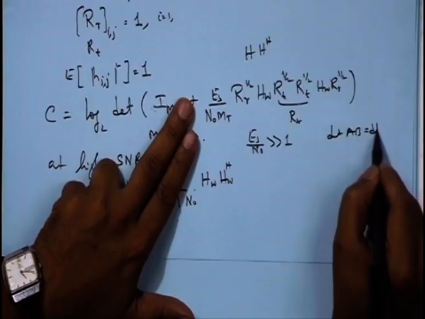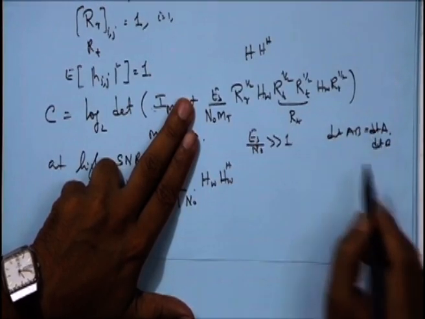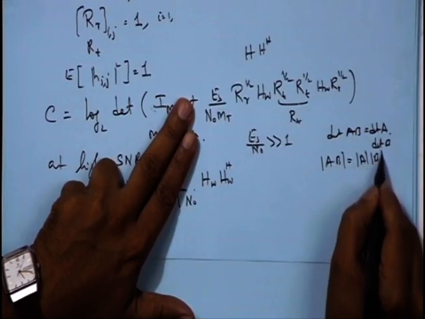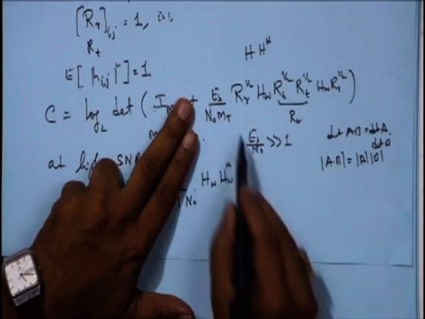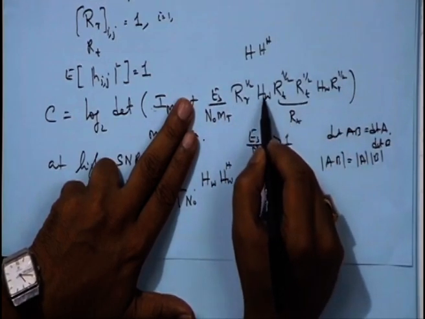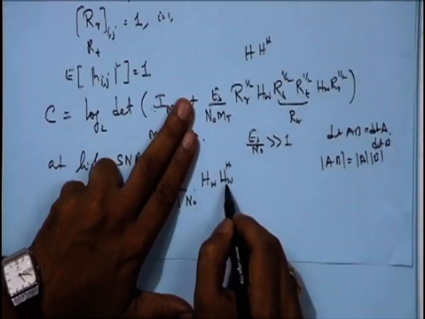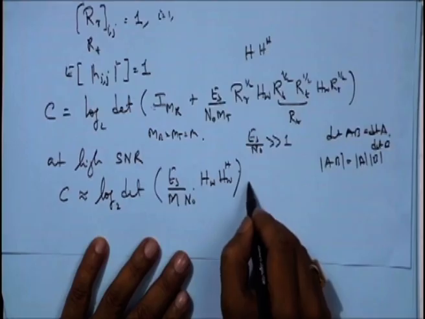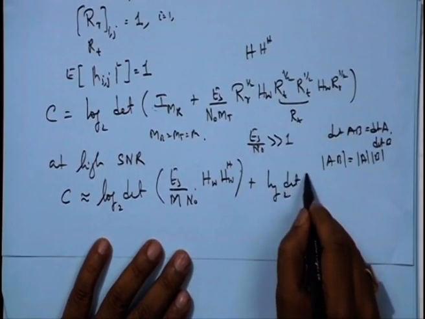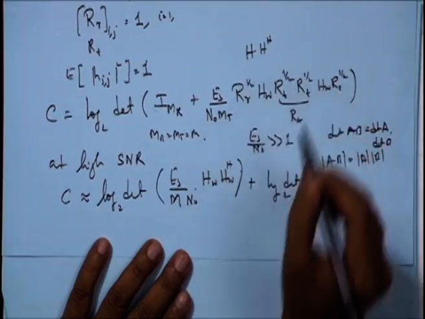So log determinant of AB is equal to determinant of A times determinant of B, right. So what we have is the determinant of these terms. So we have basically HW as one of the terms, plus log base 2 determinant of RR, and then again we have RR half.